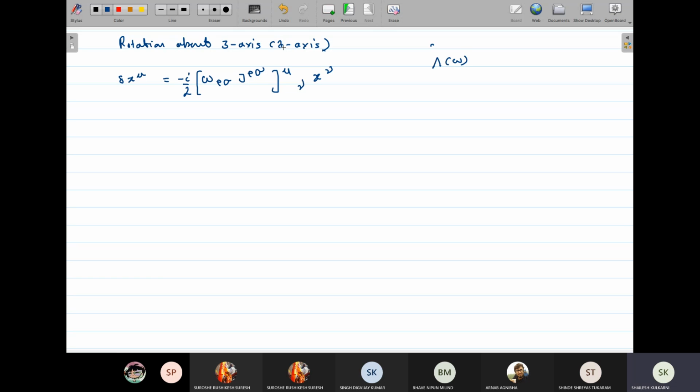Okay, so for rotation, can you tell me what these omega rho sigmas are? Anyway, diagonal entries will be 0 because this is antisymmetric. So what will be omega 0 i for rotation? For rotation, what will be the parameter omega 0 i? It is 0, because omega 0 i basically represents boosts.